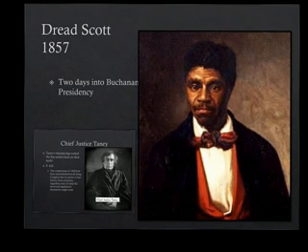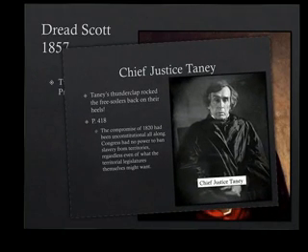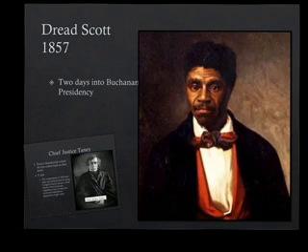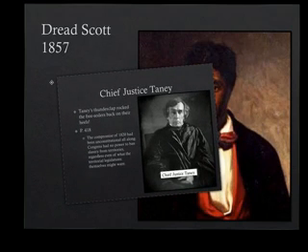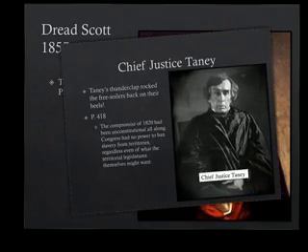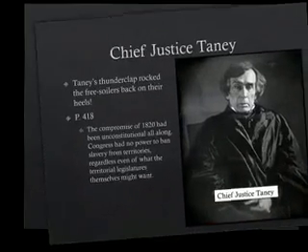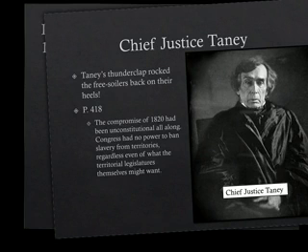So within 2 days of Buchanan's presidency, you have this case in which Dred Scott, and it's written about on page 403, but Dred Scott is this slave whose owner has moved to Illinois and up to Wisconsin, I believe, and so, of course, Dred Scott, when he lives in free soil territory, decides to sue for his freedom. And this page number, I believe, is wrong.